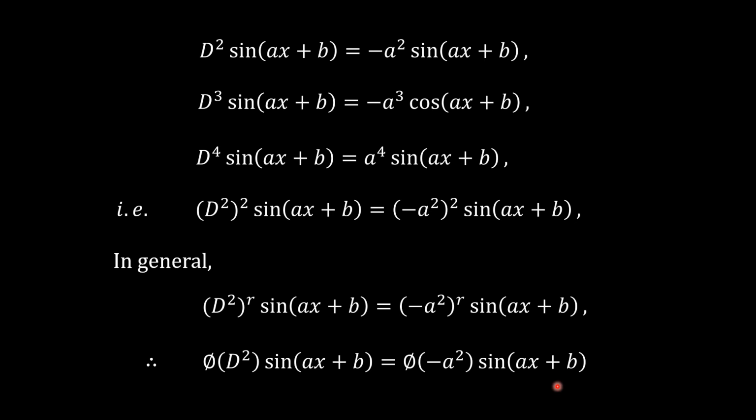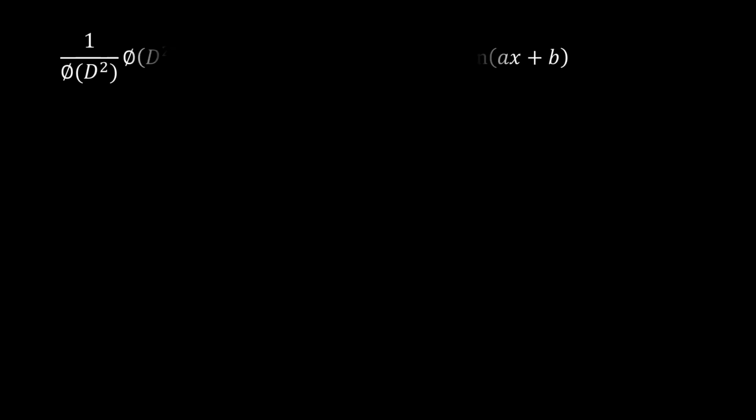The same way we did in the first case. Now as we want to obtain the particular integral, we will operate the 1 upon phi of D square operator on both sides. That will give us 1 upon phi of D square of phi of D square of sine of ax plus b is equal to 1 upon phi of D square of phi of minus a square into sine of ax plus b.